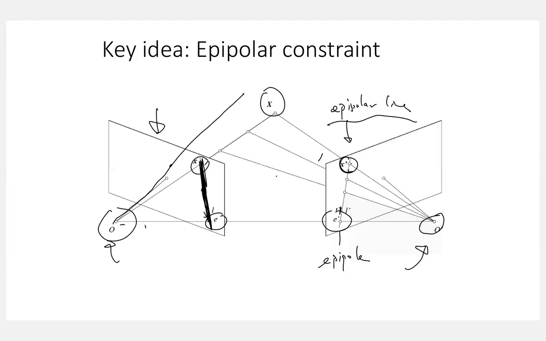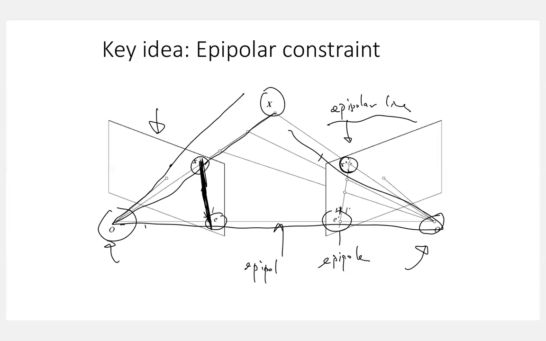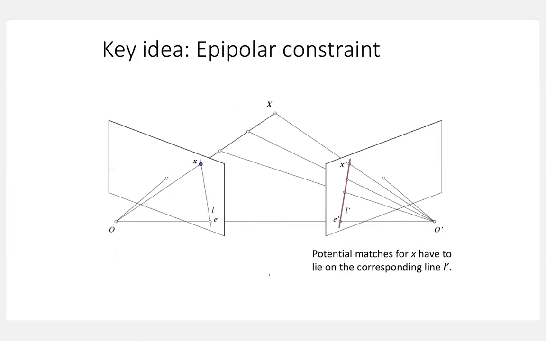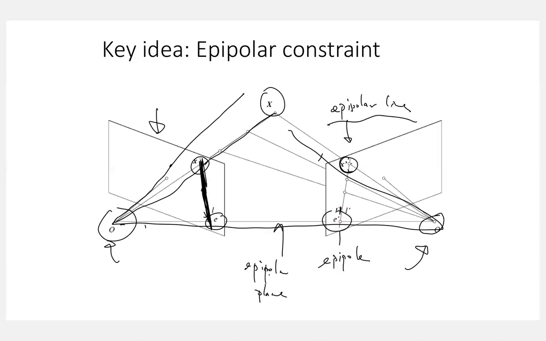And by the way, this plane here we call the epipolar plane. Basically, it's the plane that includes the two epipolar lines. So this is just repeating what we said here.